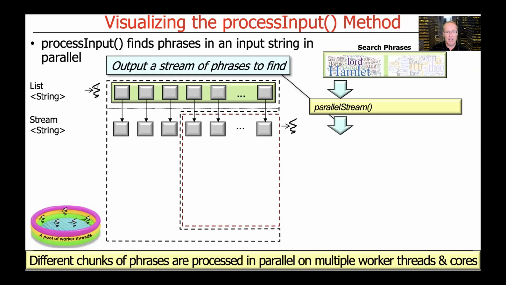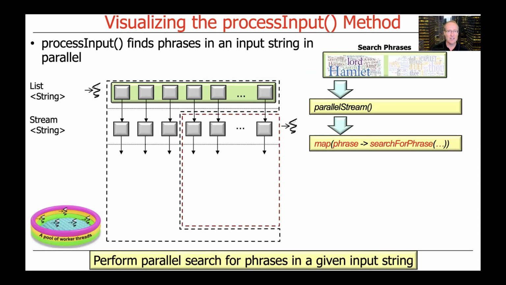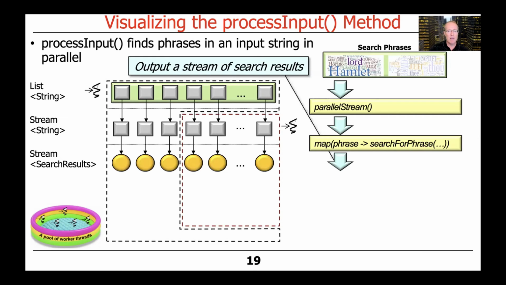That will then be output so that we can have all those things run in different threads and cores. And that is connected into the map method, and the map intermediate operation is going to take a lambda expression behavior that will search for each phrase in the input string, and that'll all take place in parallel. So we're going to search all these phrases in parallel, and we'll have a stream of search results that comes back from that.